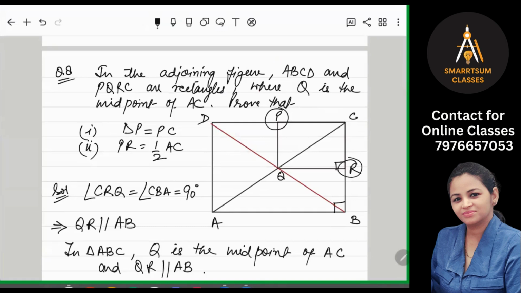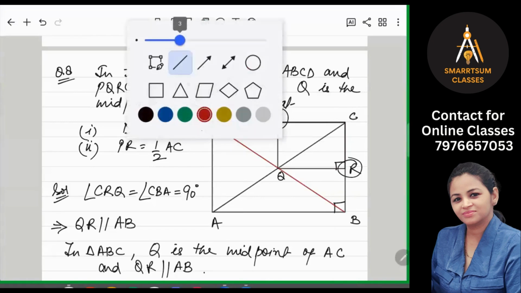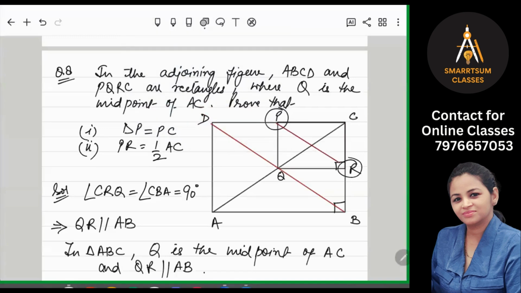Getting that? Okay. Then can we join P and R? If we join P and R like this, then this will be parallel to the third side, that is DB, and half of it. Getting it? Okay.